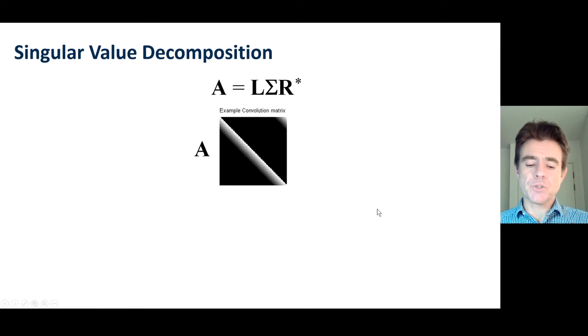Okay, so those are direct least squares and regularized least squares solution estimates. Now let's take a look at what the singular value decomposition can offer us.